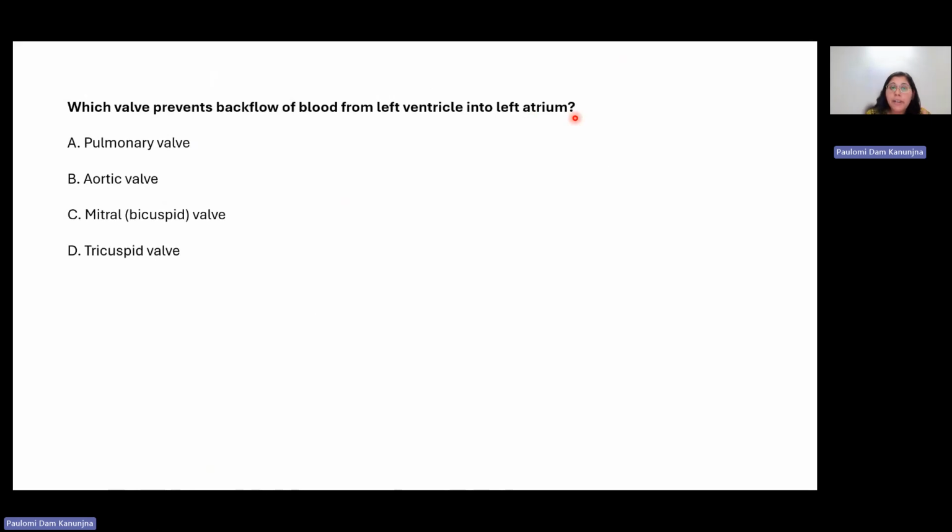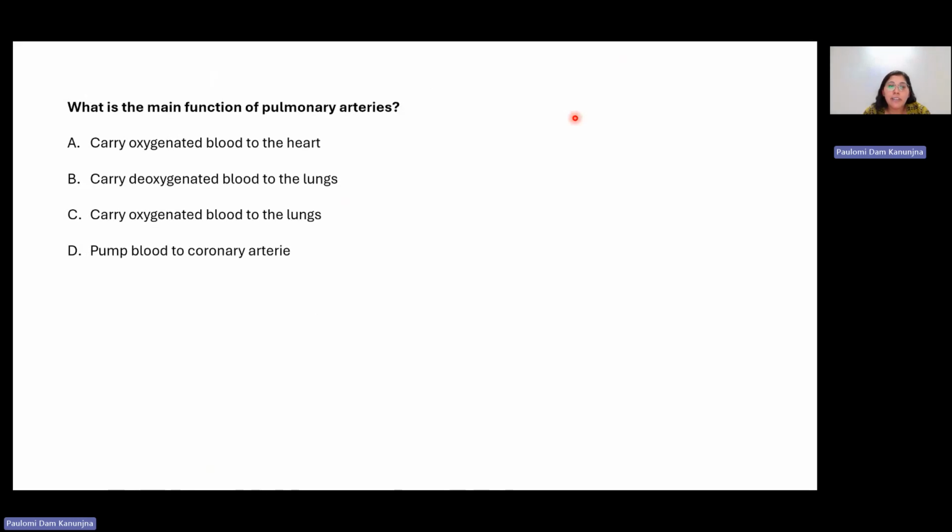Which valve prevents backflow of blood from the left ventricle into the left atrium? So basically from ventricle into atrium, but left. Mitral or bicuspid valve. Yeah. Okay. What is the main function of pulmonary arteries? Arteries, you need to remember, and pulmonary tells you the location.